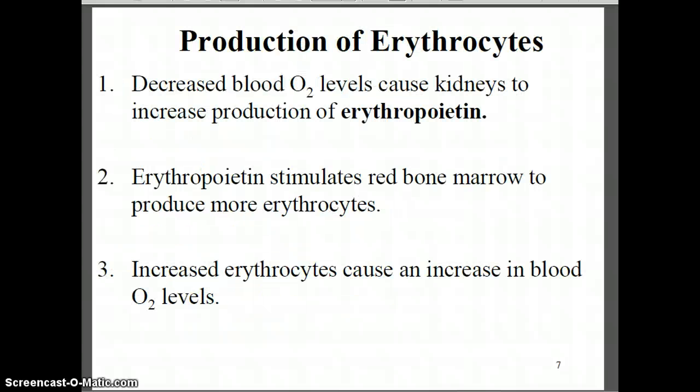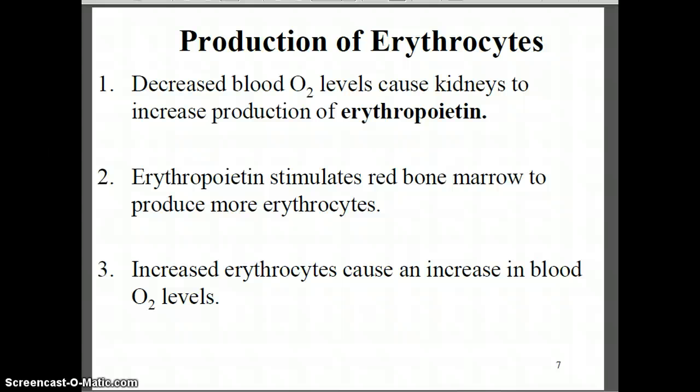Erythrocytes are stimulated by a hormone called erythropoietin, which is produced actually in the kidneys. The kidneys detect decreased blood oxygen, and this increases the production of erythropoietin. Erythropoietin stimulates red bone marrow to produce more erythrocytes. Increased erythrocytes, of course, cause an increase in blood oxygen levels, and therefore we have another negative feedback system going on.